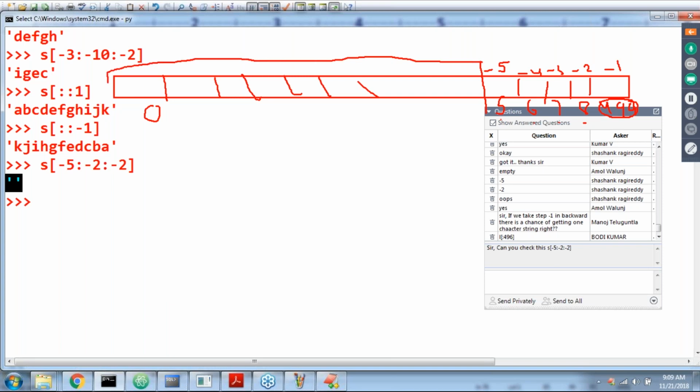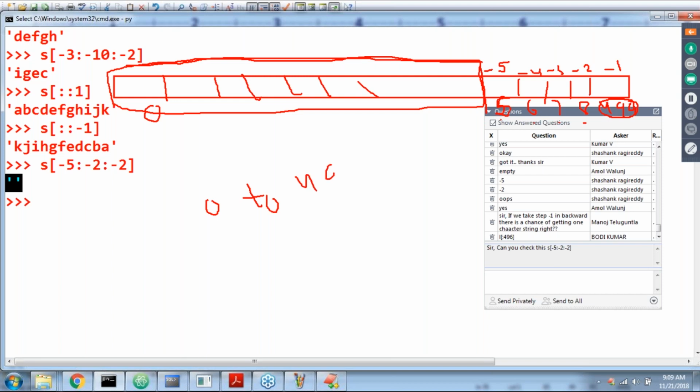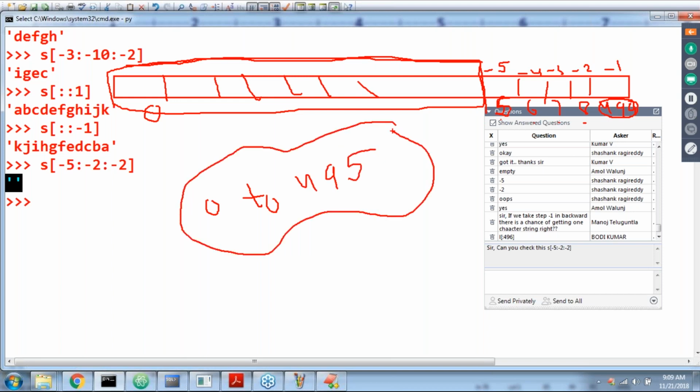Up to this point we have to talk about. So from 0 to 495 we have to consider. Correct. So 0 to 495 we have to consider.